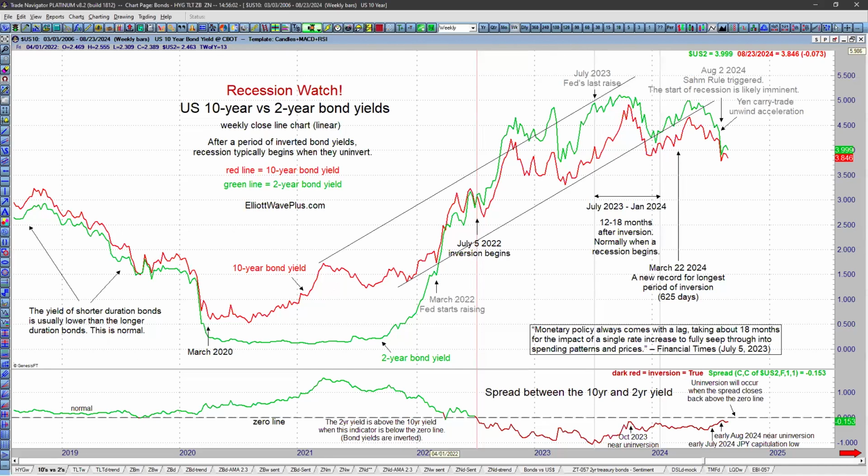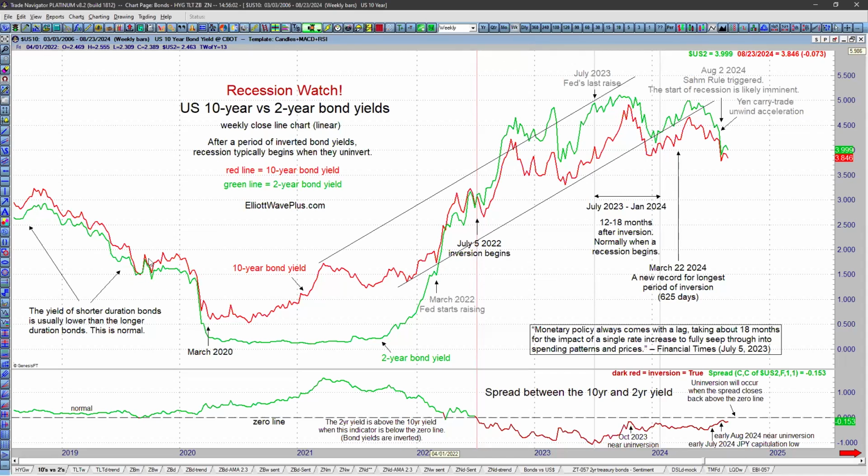And as you can see, when times are normal, which is the great majority of the time in the markets, the red line, the 10-year bond yield, will yield a bit higher than the shorter duration bonds. The green is the 2-year bond yield, and that is considered normal and healthy.